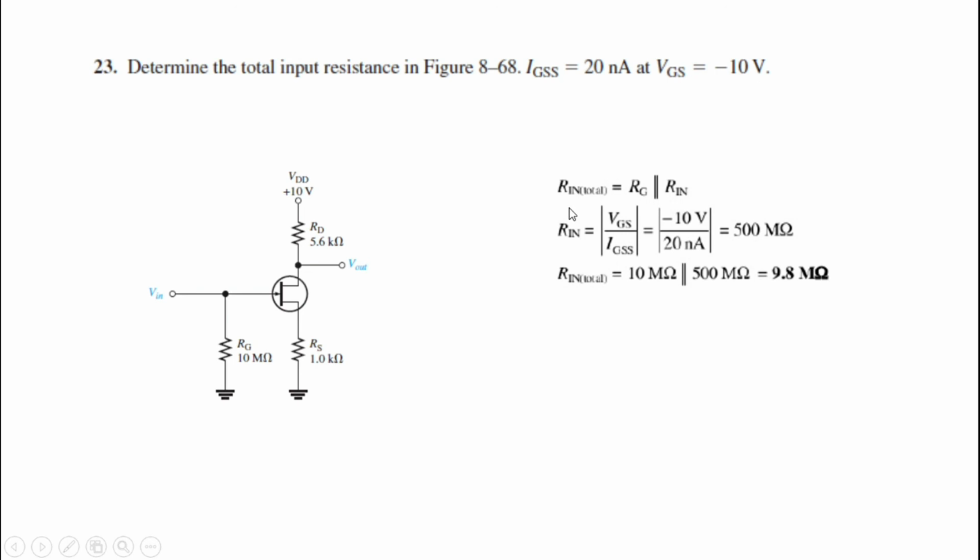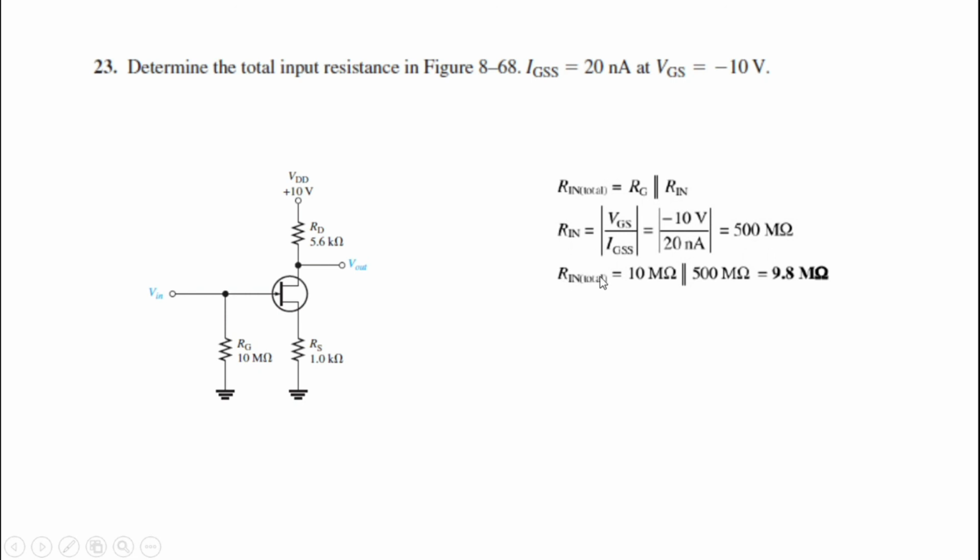So your total input resistance is given by your RG parallel with your input resistance. So your Rin value is given by VGS divided by IGSS, which is equal to negative 10 volt divided by 20 nanoamps, which is equal to 500 mega ohms. That's your Rin.